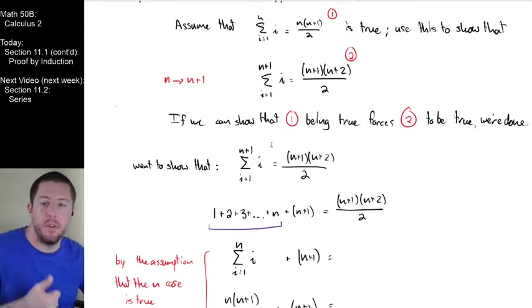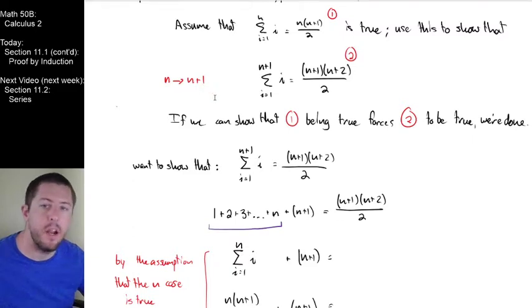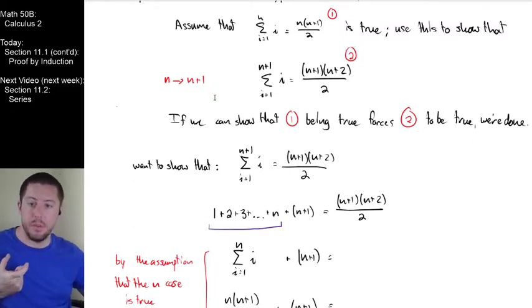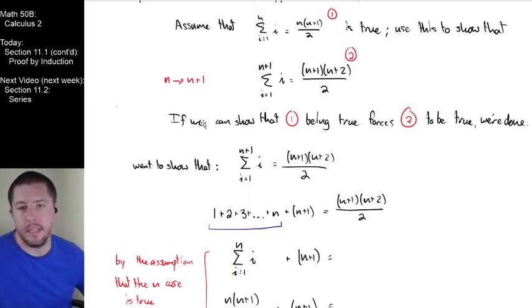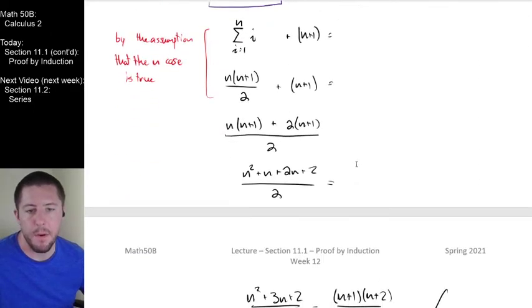So bumping up those n values to n plus 1, as I said, or perhaps start at n minus 1 and bump it up to n, or start at n plus 37 and prove it for n plus 38. All those would be acceptable inductive steps right there. All right.